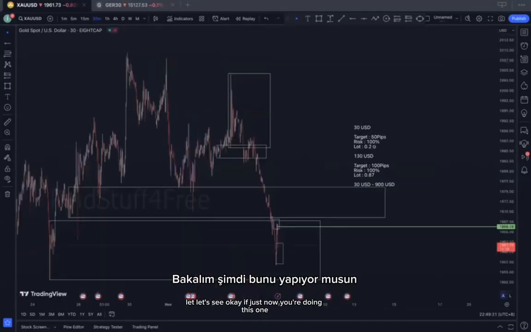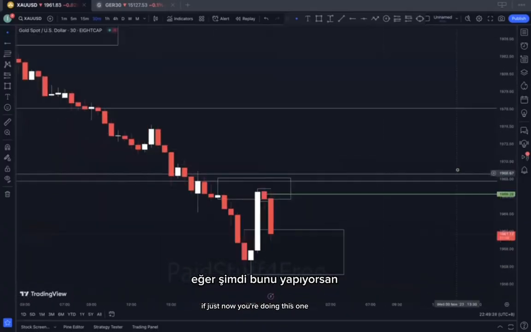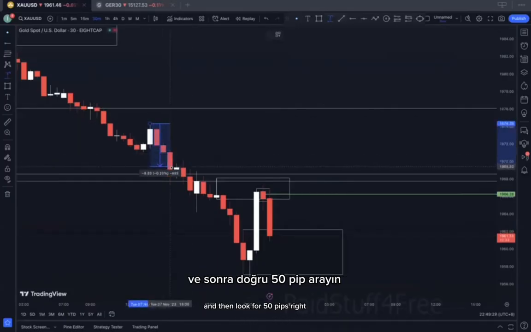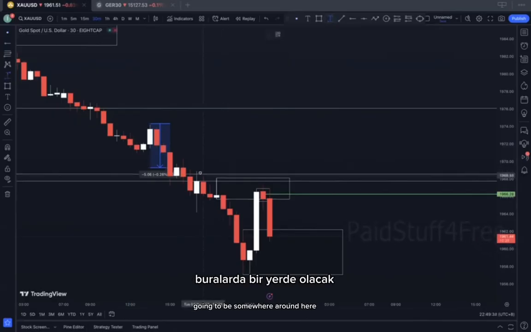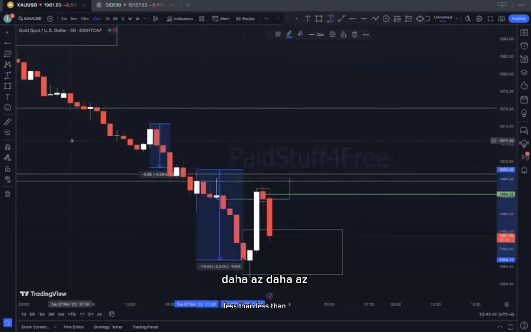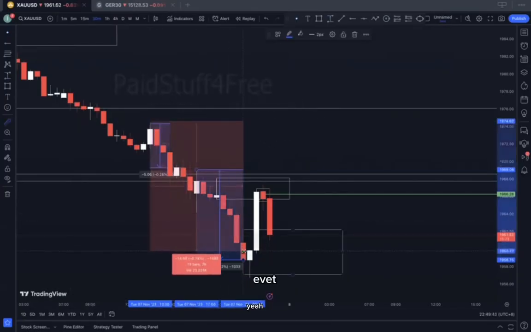If just now you took a sell somewhere around here and looked for 50 pips, and then your second entry somewhere around here, looking for 100 pips, and then boom, in less than 7 hours.